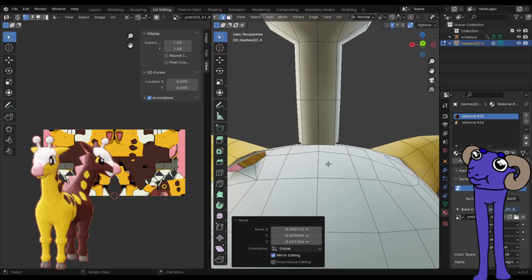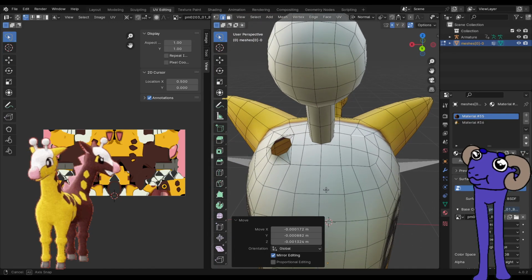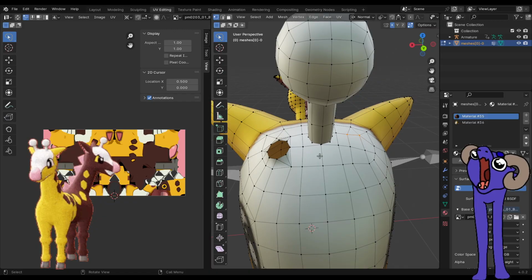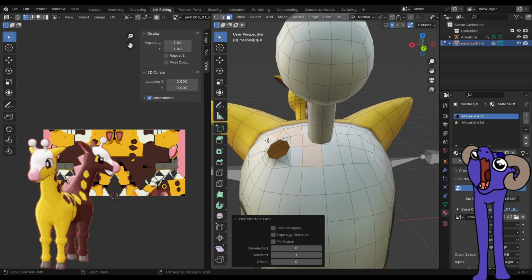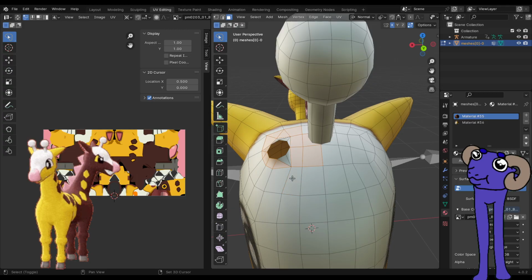There we go. Oh shit, I do need to mirror that though. So what we're going to do is honestly just... oh god.